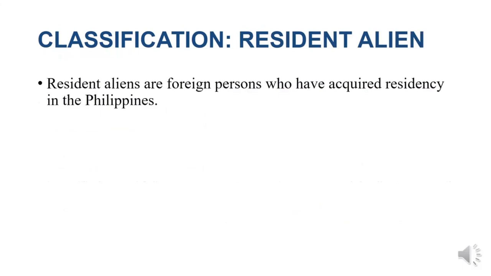Next, we have the resident alien. So, a resident alien is a foreigner, not an alien per se, which is outside of this planet. Okay, so resident aliens are foreign persons who have acquired residency in the Philippines.